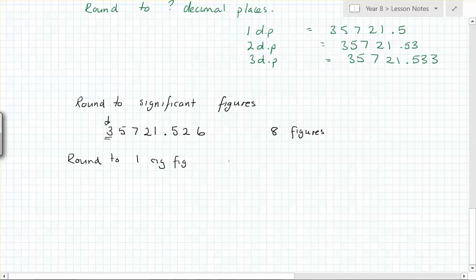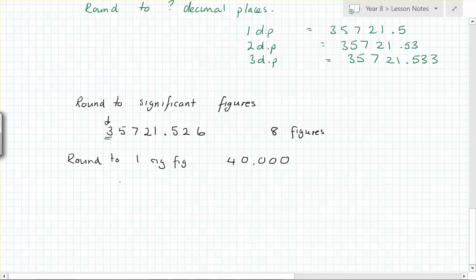But we're rounding. So it would be 40,000. Exactly. It's 40,000 to one significant figure.